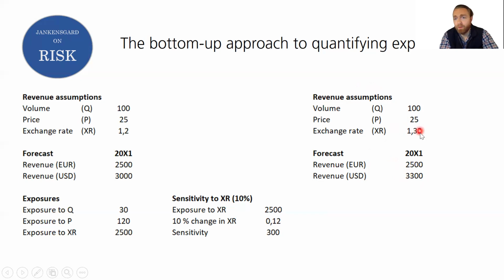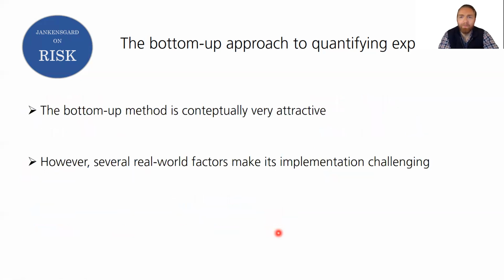So by multiplying with this exchange rate instead, we get 3,300, which is 300 more than the previously obtained revenue, right? So the sensitivity was correct. That's just how you can verify that your calculations are going the right way.